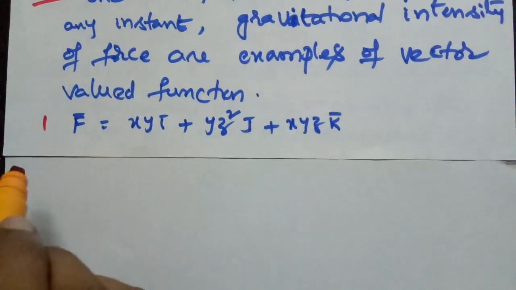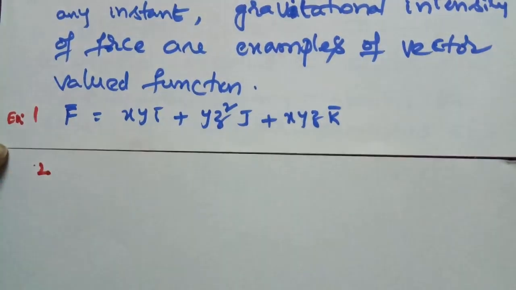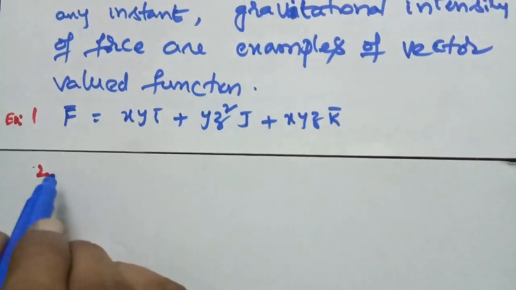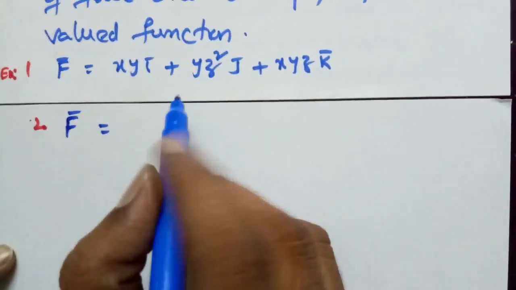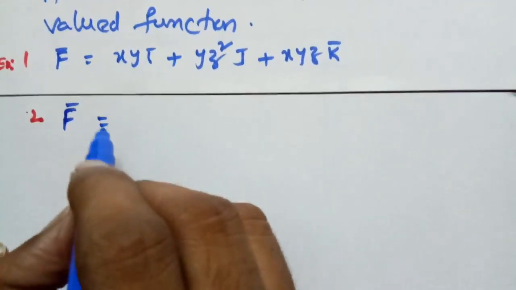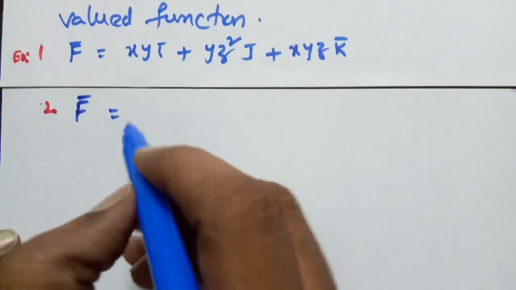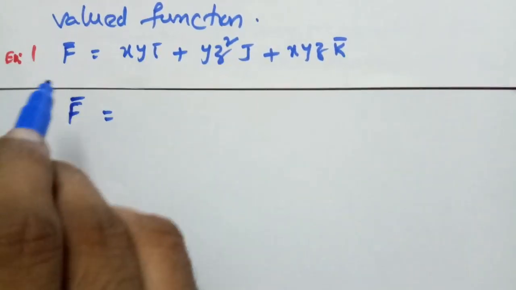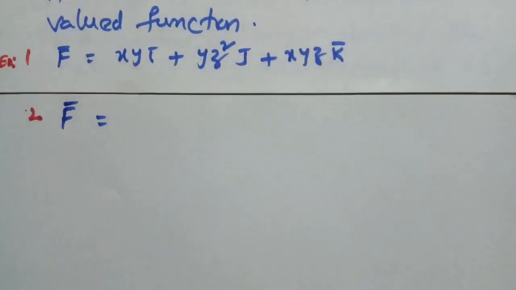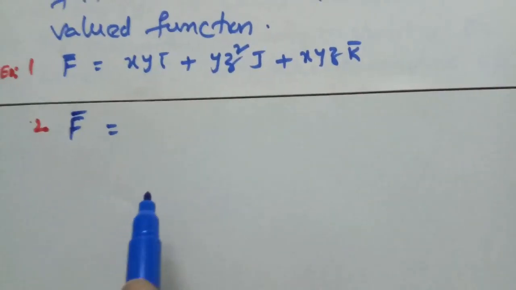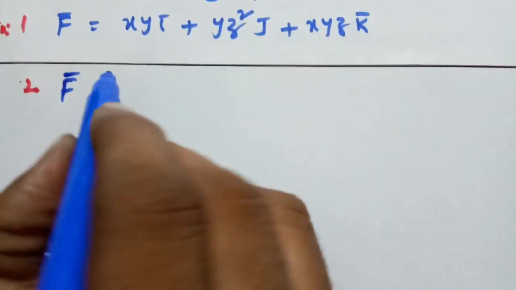Another example: f bar is equal to x square i bar minus xy j bar plus yz cube k bar. We can use either a small letter or a capital letter, nothing to worry about; either small f or capital F. Some authors use capital F, some use small f bar. Different kinds of letters can be used to represent vectors or functions.